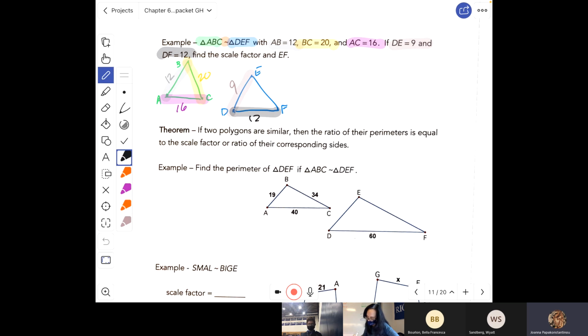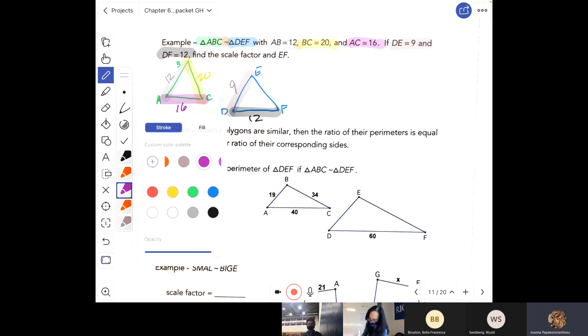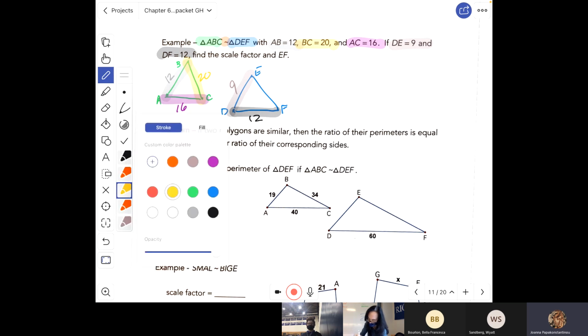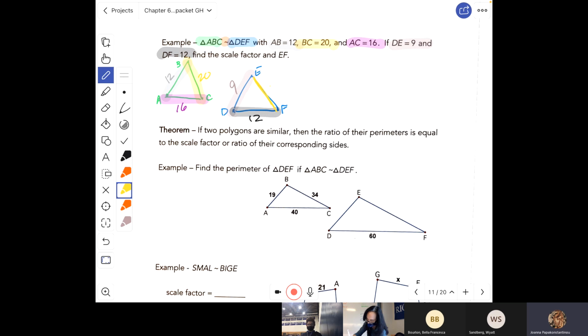Oh, guess what we're finding? The unknown, we're finding EF. So if I'm looking for EF, I'm going to call that X.